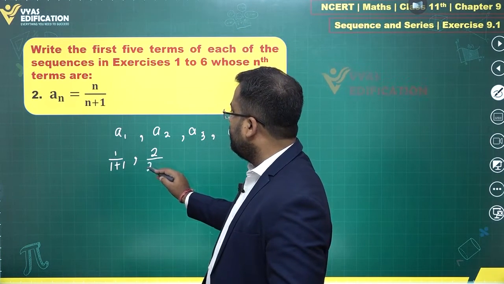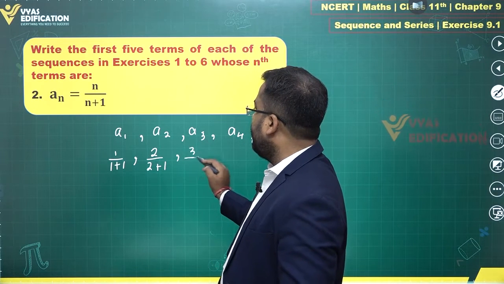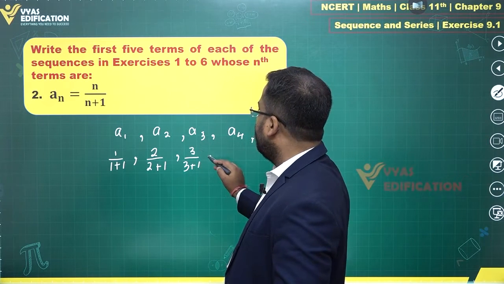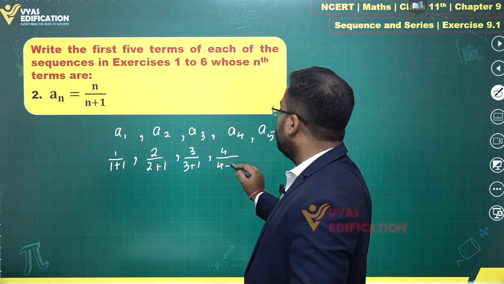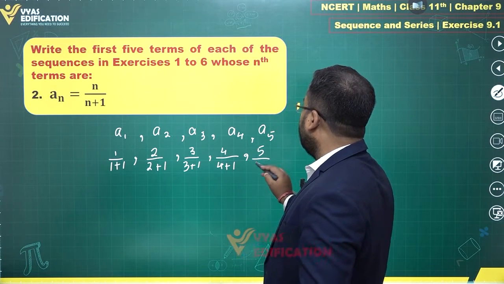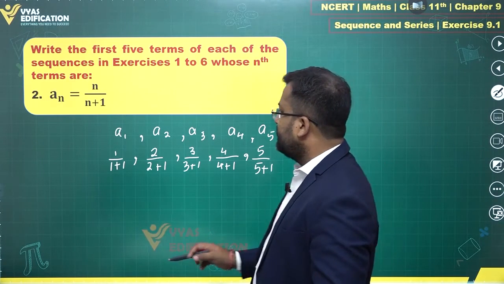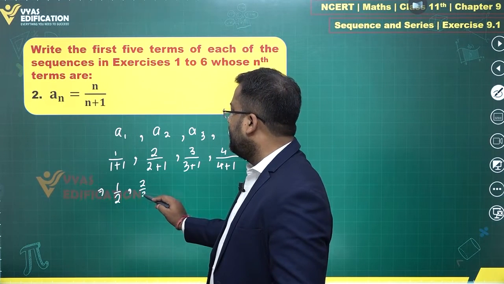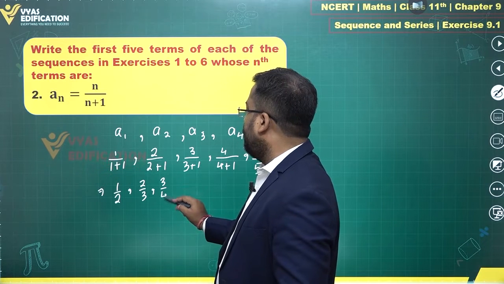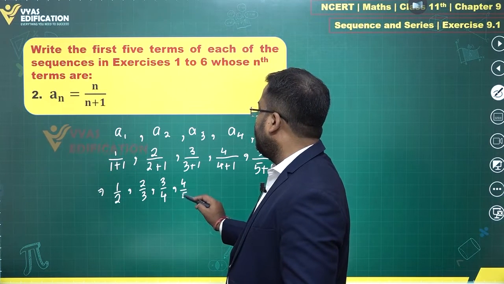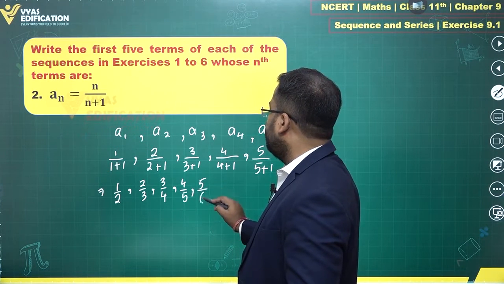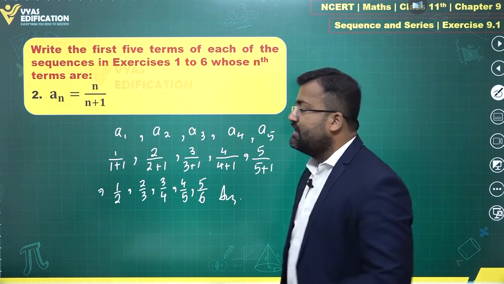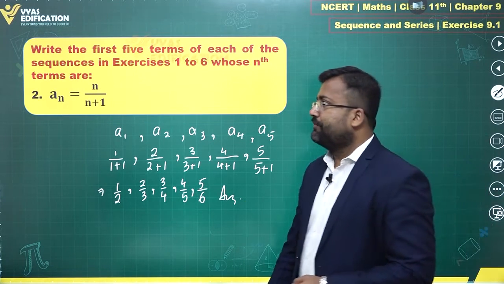This is 2 upon 2 plus 1, 3 upon 3 plus 1, 4 upon 4 plus 1, 5 upon 5 plus 1. Now what is this equal to? This is 1 by 2, this is 2 by 3, this is 3 by 4, 4 by 5, 5 by 6. That's my required answer for this particular question.